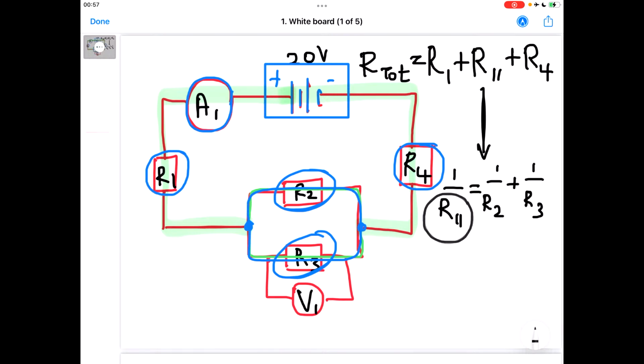Let's say for some reason that one was 2 ohms, that one there was 3 ohms, this one was 5 ohms, and this one was 7 ohms. I'm just giving you examples for you to know that you've actually calculated R parallel correctly.